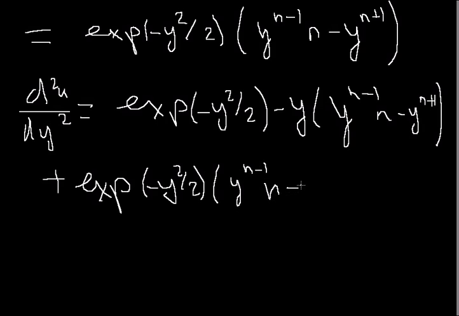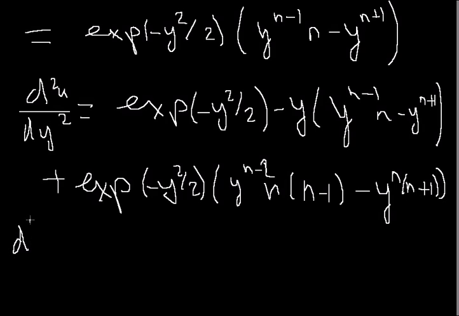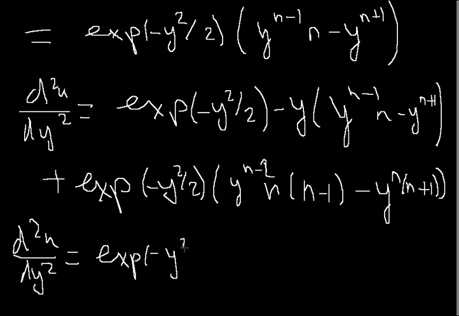And the final form can be written in this way. Oh, excuse me, I have carried out minus 2 and minus 1 minus n and plus 1. My future exponent.